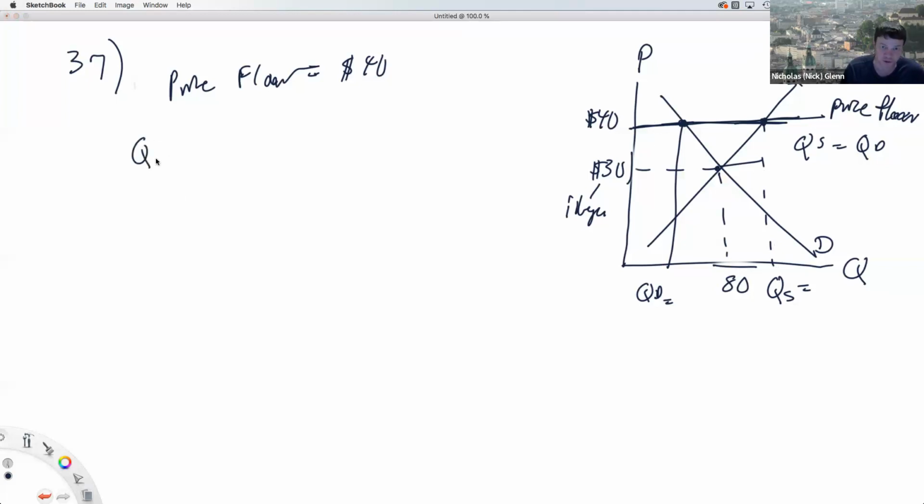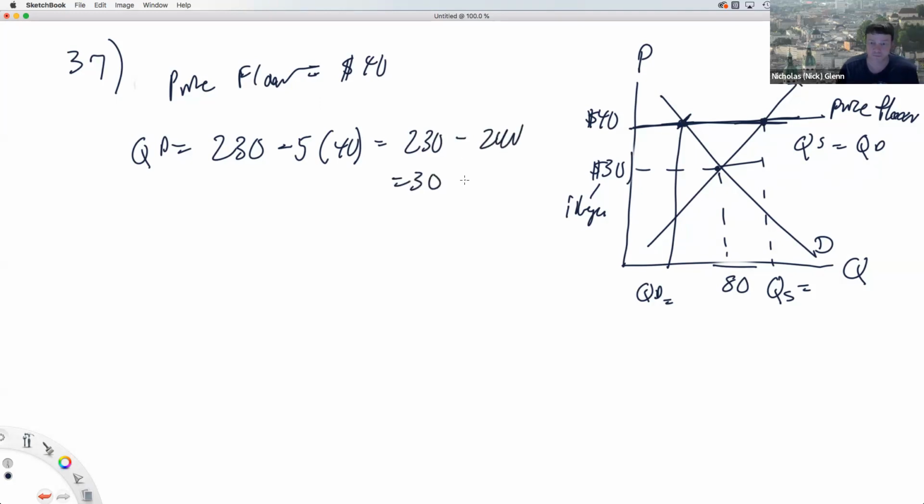So we substitute this into the quantity demanded and quantity supplied. Quantity demanded is 230 minus 5p. The price is 40, so that's 230 minus 200, which is equal to 30. So our quantity demanded is 30. What about quantity supplied?